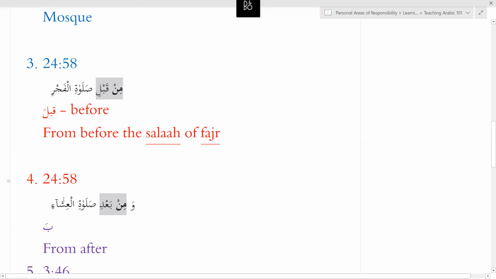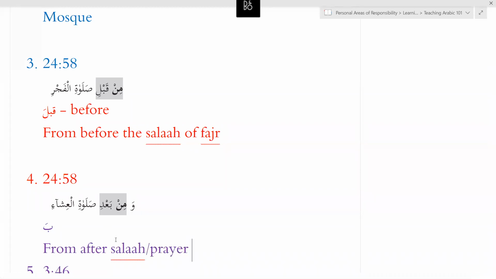What does this mean? Salah is namaz. What is salat al isha'i? No, you're missing one word. What's the word you're missing? "Of." Yes. Prayer of Isha. Why "of"? No. Why is it "of"?